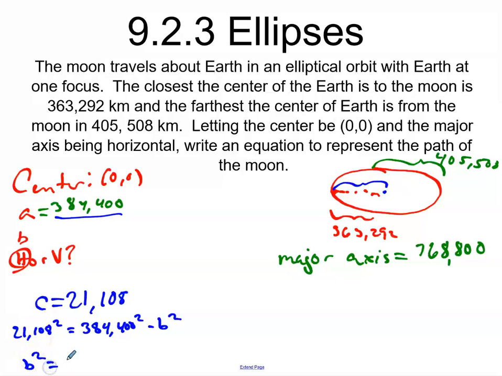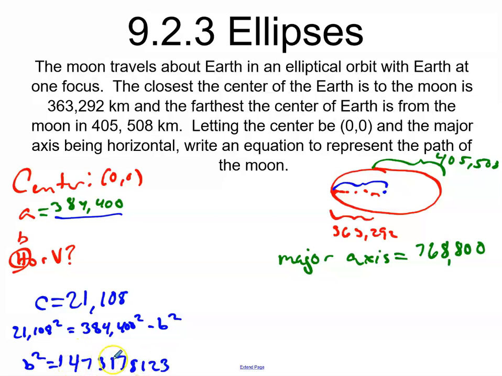And b squared is going to equal 384,400 squared minus 21,108 squared, which is about 1.4 times 10 to the 11th.